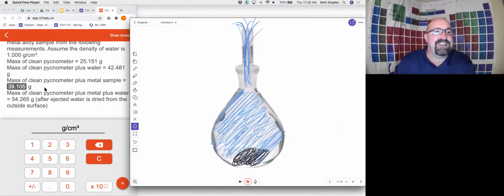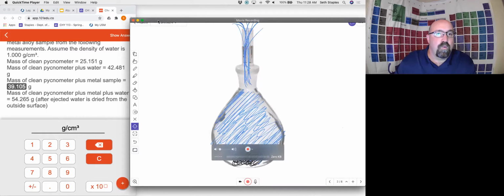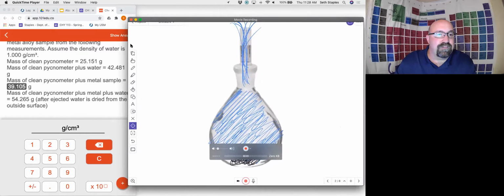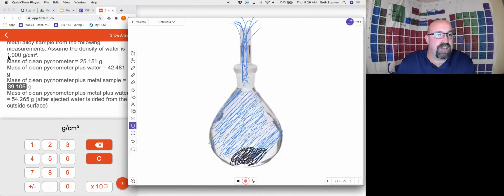We're not given any data that has anything to do with volume. We are, however, given a lot of mass information, and we're reminded that the density of water equals 1 gram per cm cubed.